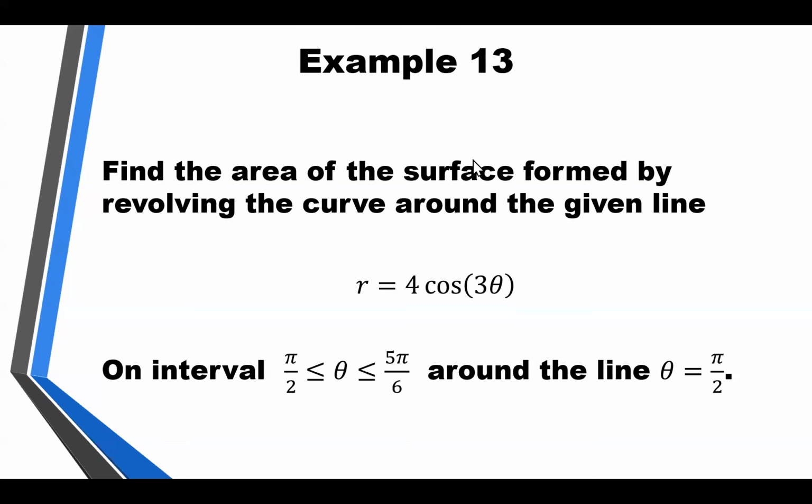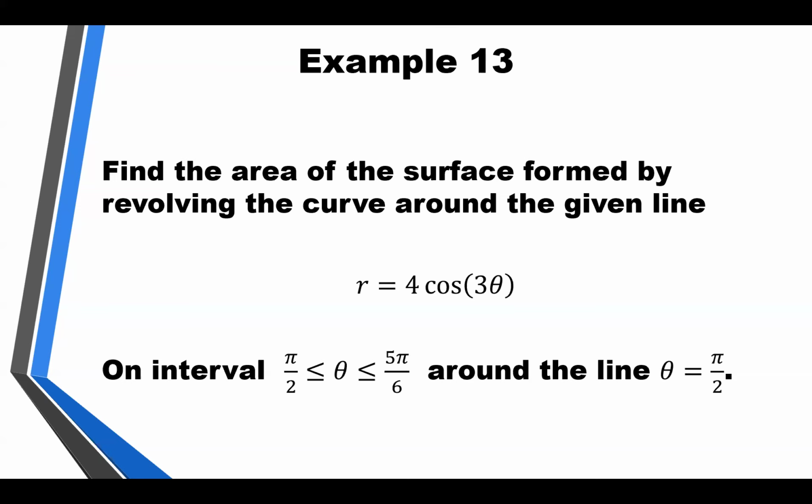Let's do one more surface area problem. Find the area of this surface, the surface formed by revolving the curve around the given line. We're going to take our rose curve with 3 petals.